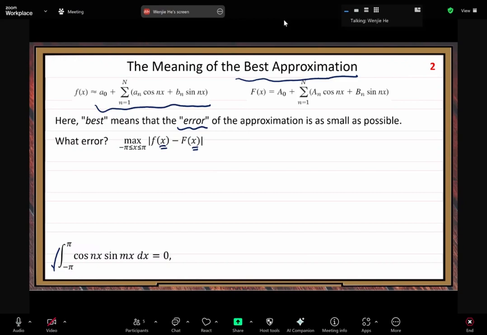But next question, is this a good way to define the error? This is one of the many ways, but is this a good way? All right. So here, let me draw the graph. From the graph, we want to see if it's good or not. Look at this graph.